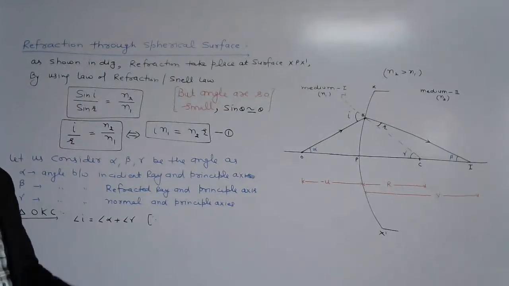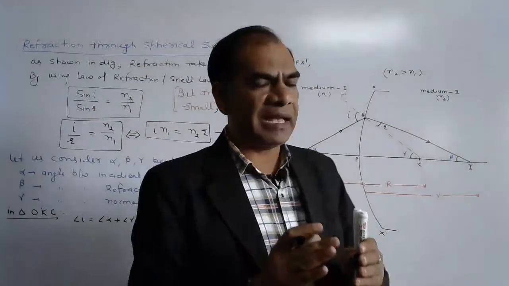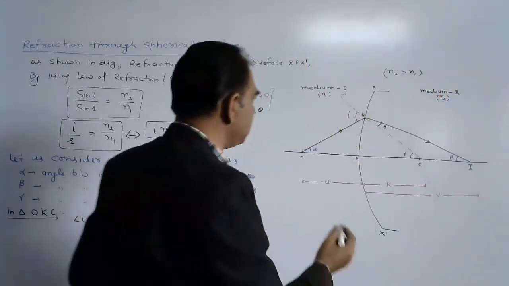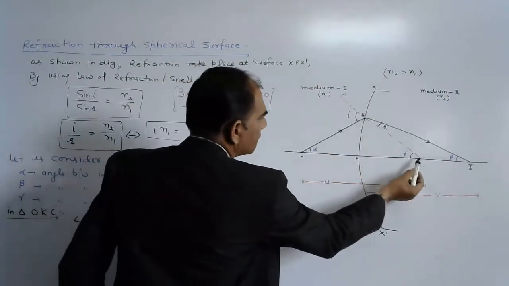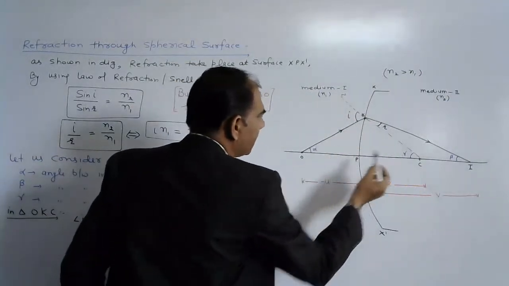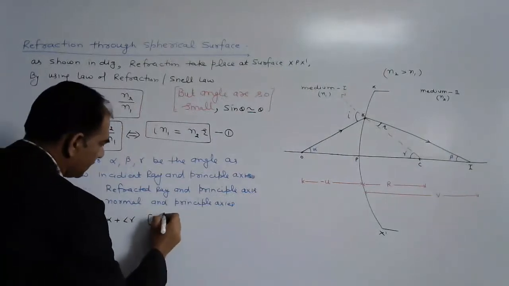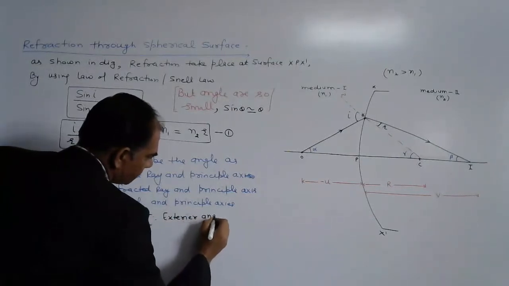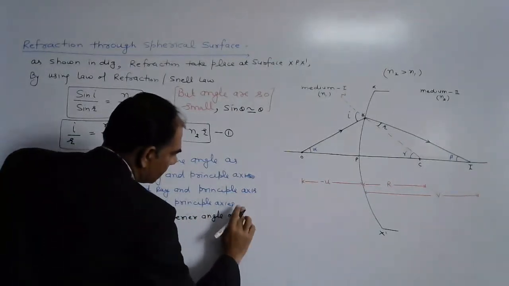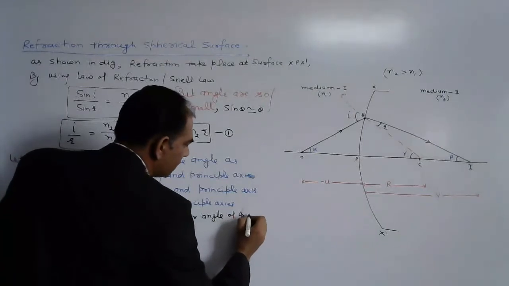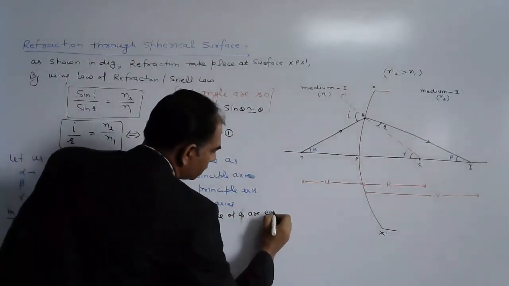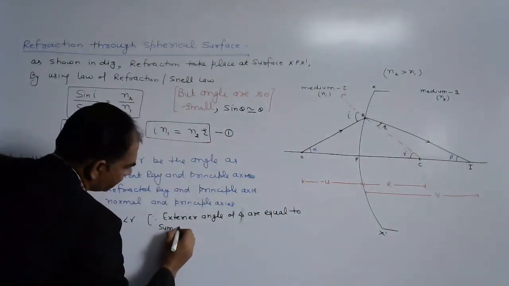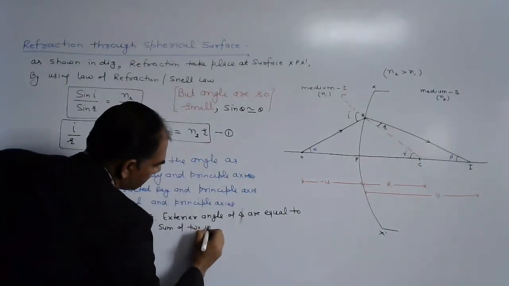We know very well that the exterior angle of a triangle must be equal to the sum of the two interior angles. In triangle OKC, this is the exterior angle, and alpha and gamma are the interior angles. Here we write that the exterior angle of a triangle is equal to the sum of the two interior angles.